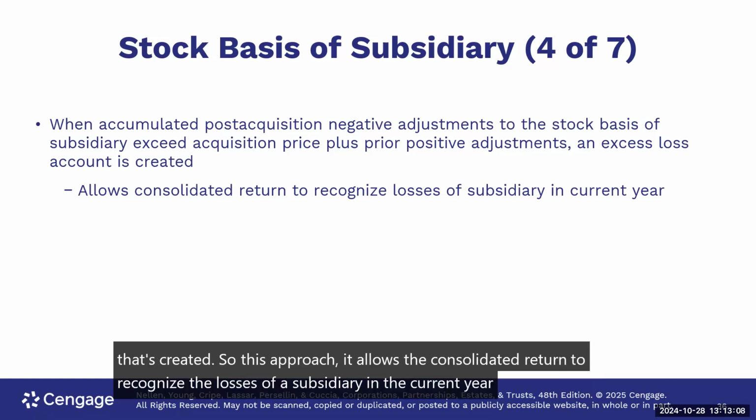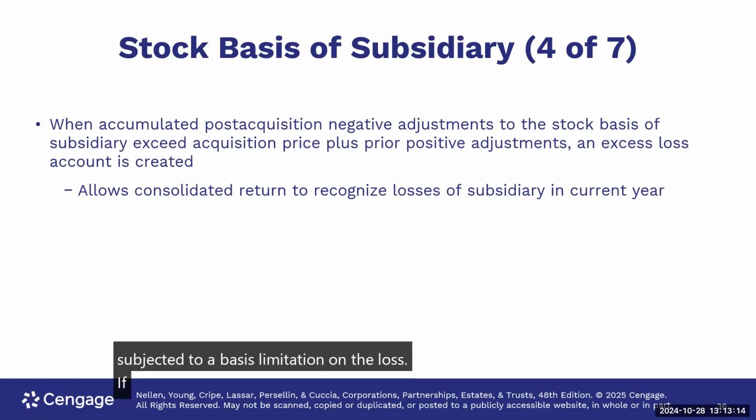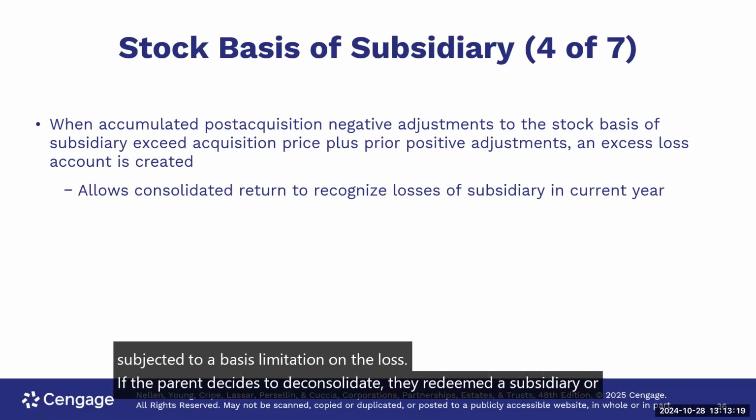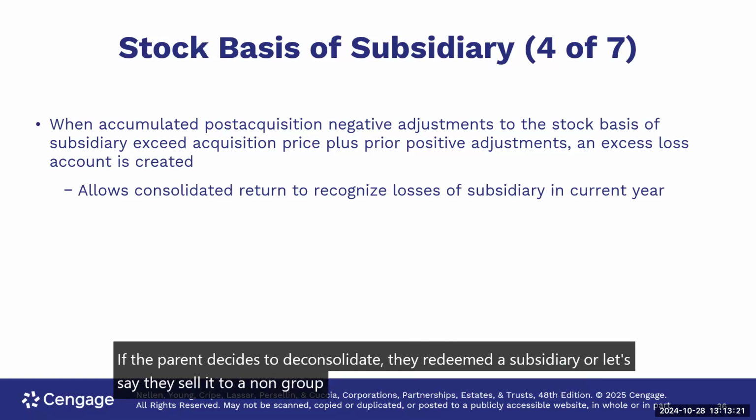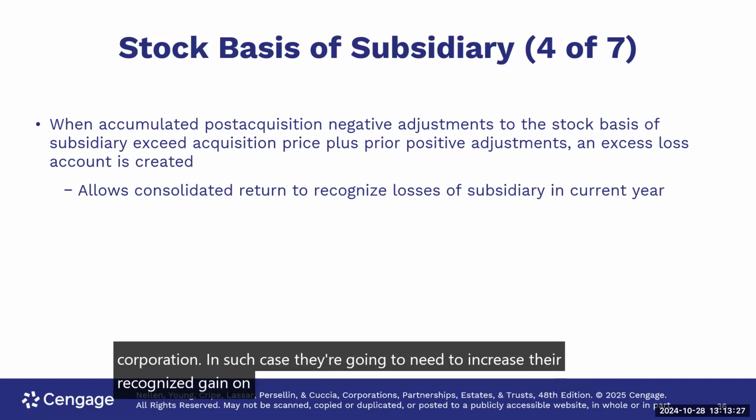The group is not subjected to a basis limitation on the loss deduction. If the parent decides to deconsolidate, redeem the subsidiary, or sell it to a non-group member, then the selling parent corporation is going to need to increase its recognized gain on the transaction by the amount of the excess loss amount.